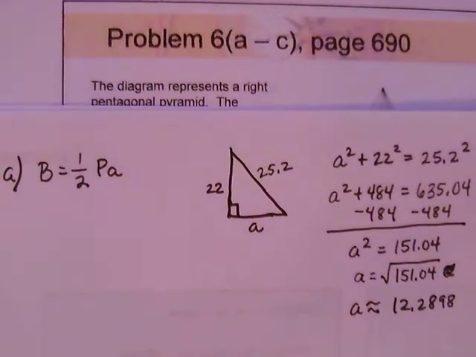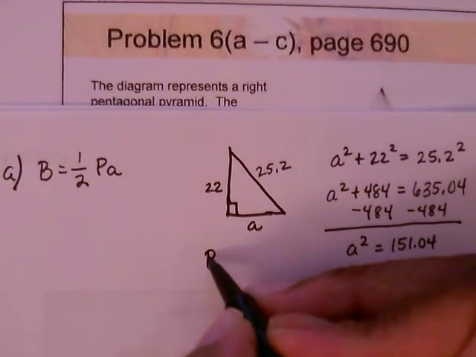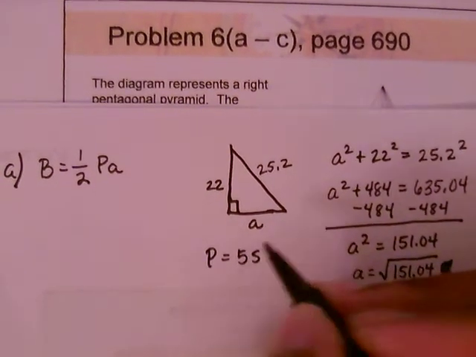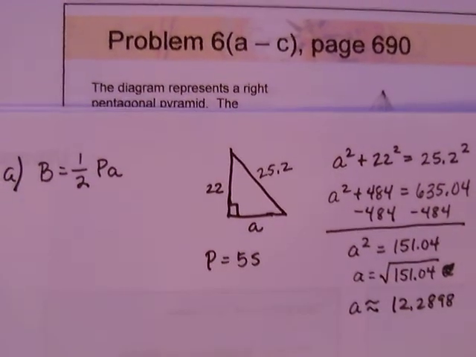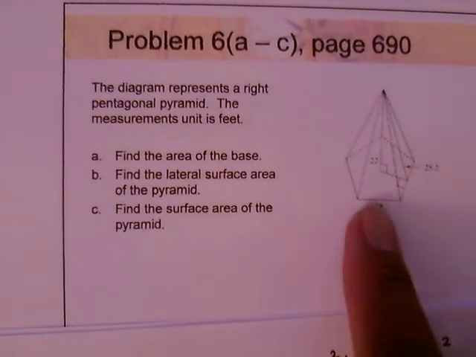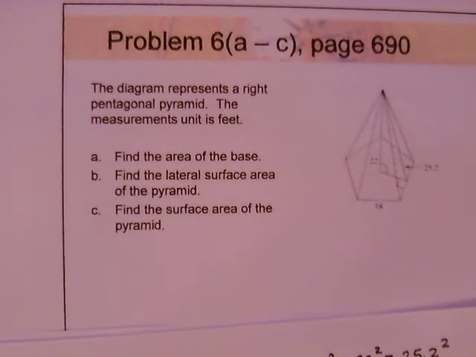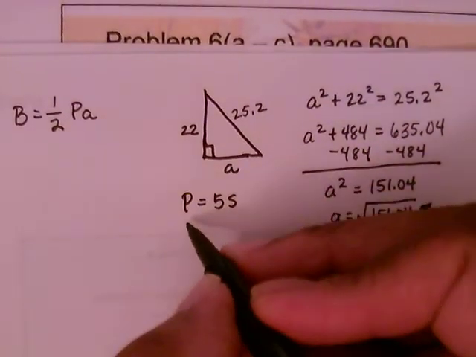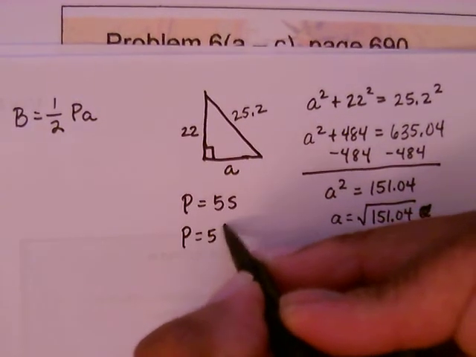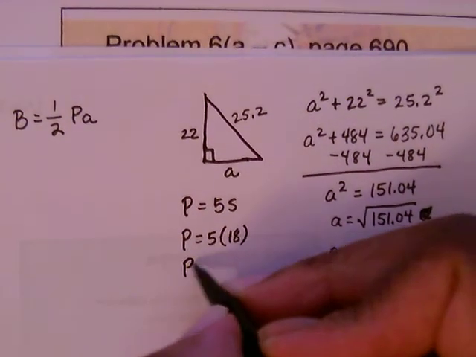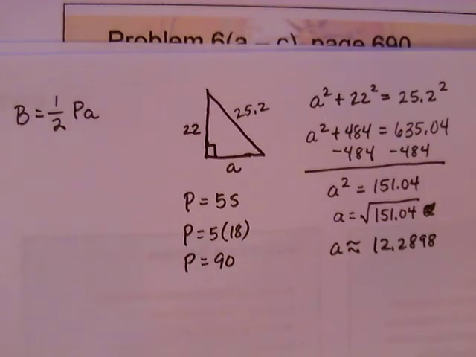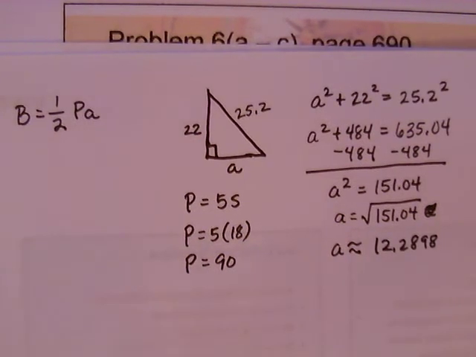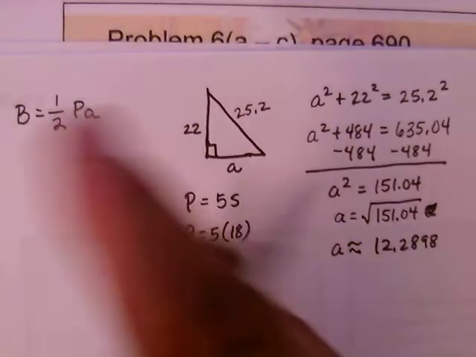And I can find the perimeter. It is a pentagon. That's 5 times S. The length of the side, going back to this, is 18. So the perimeter is 5 times 18, which is 90. So I have the perimeter, and I do have the length of the apothem. I can substitute that into this formula for the base.